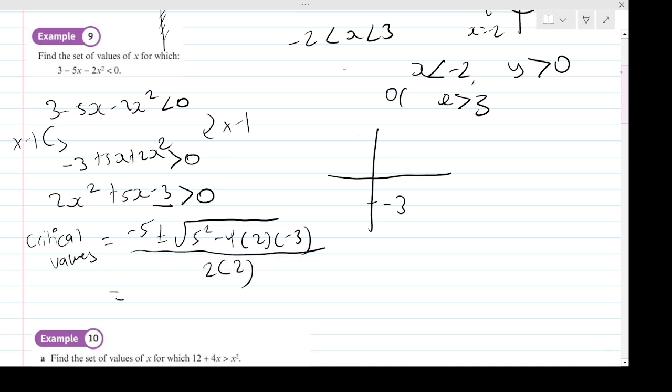Then you put that in the calculator and you get x is a half, or x is -3. Cool, so we can plot them as roots. That'll be here for a half, and -3 will probably be about there. If we know the y-intercept is down here, then it's going to look a bit like this, the quadratic curve. So we've plotted the curve.